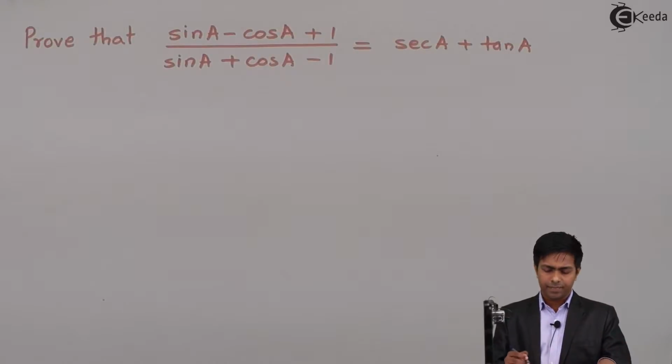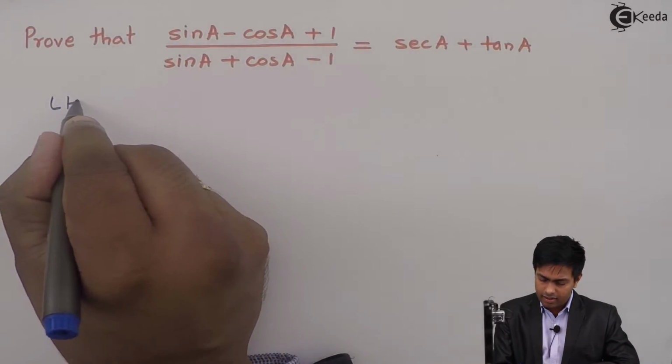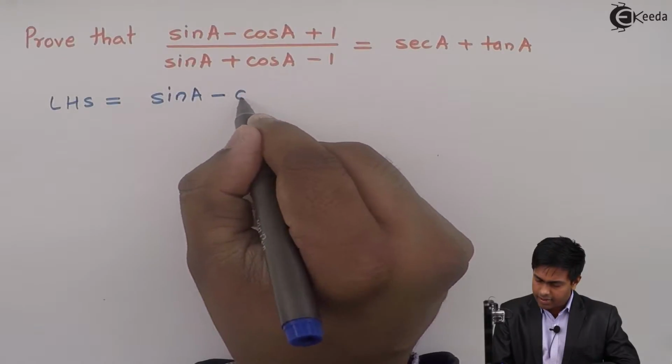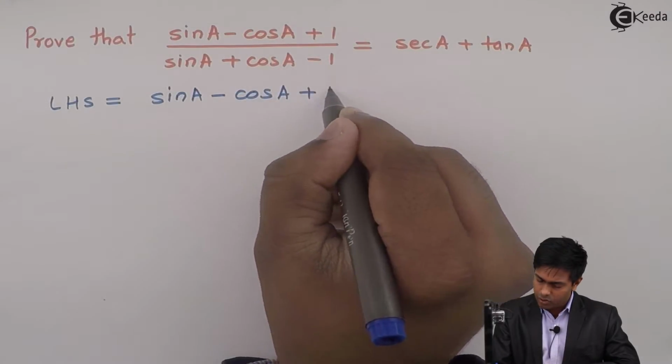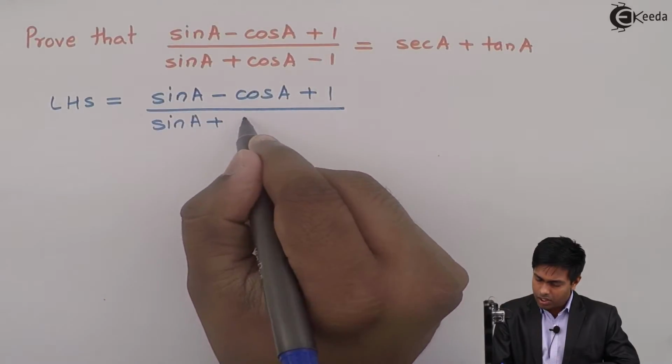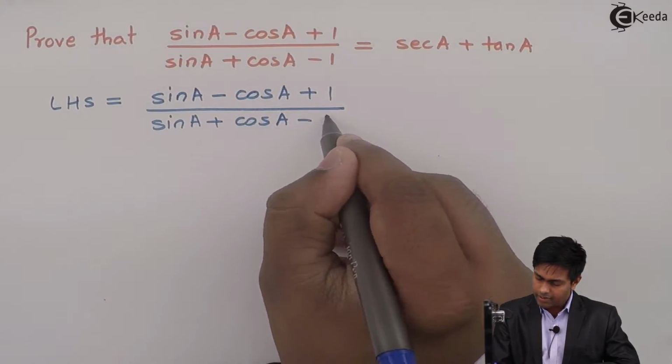So here I will say that the left hand side is equal to sin a minus cos of a plus 1 upon sin of a plus cos of a minus 1.